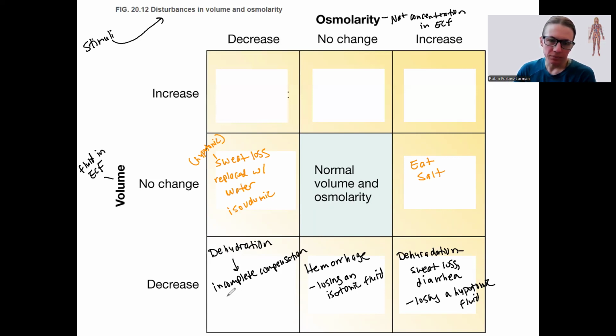We are obtaining fluids again, so we're replacing that sweat loss with water. That's going to decrease osmolarity, but not sufficiently. We still have dehydration occurring. So continued diarrhea, continued sweat loss, followed by continued drinking of water, where we're losing fluids and have a decrease in osmolarity.